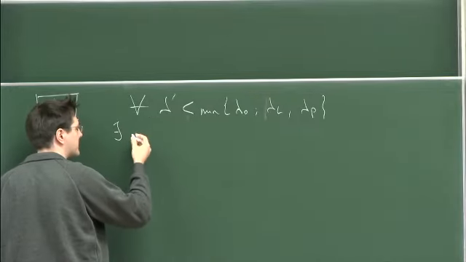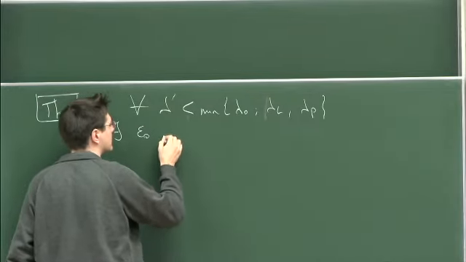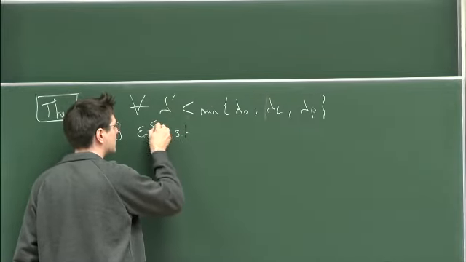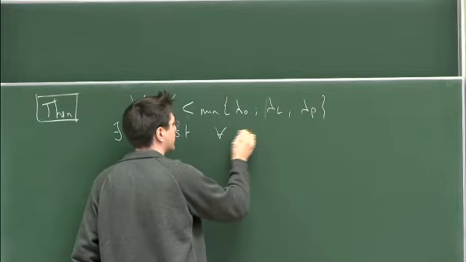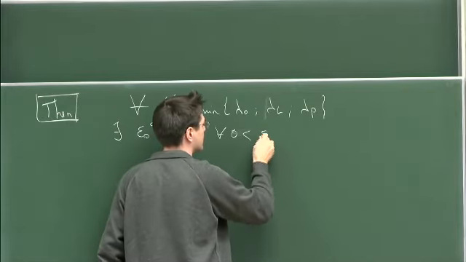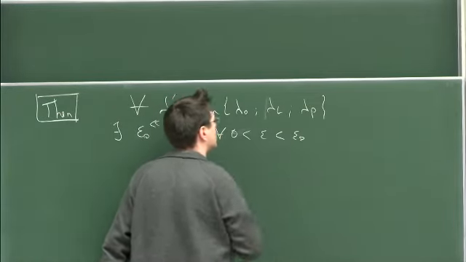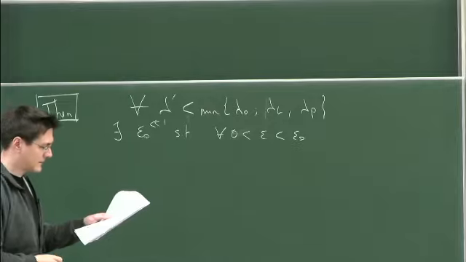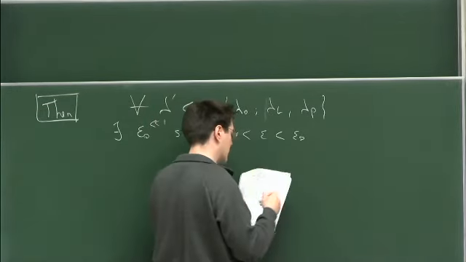There is, explicit from the proof, some epsilon 0, which of course will be small, such that for epsilon between 0 and epsilon 0, we have the following.